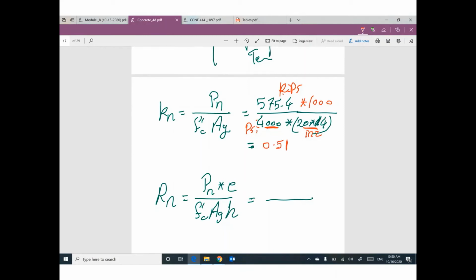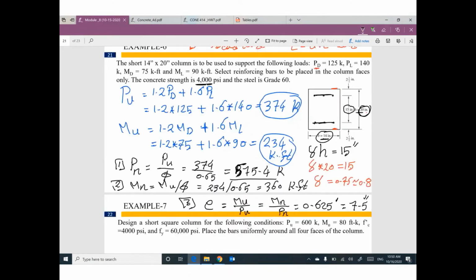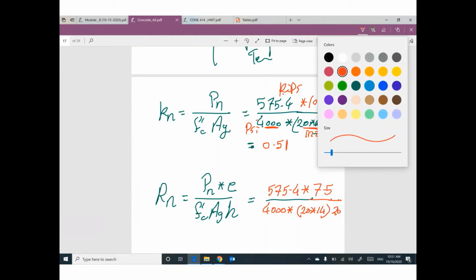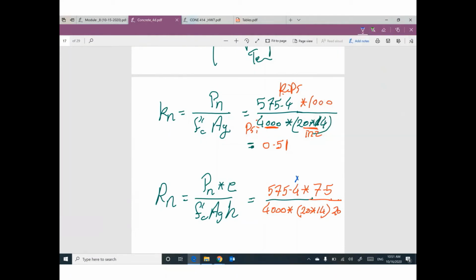One more time. Rn: 575.4 times eccentricity. What is the value of the eccentricity? I will use inch, 7.5, because if you use feet, you will have to convert it. Divided by 4,000, area gross 20 times 14, h 20. Make sure the Pn value is multiplied by 1,000 to be in pound.